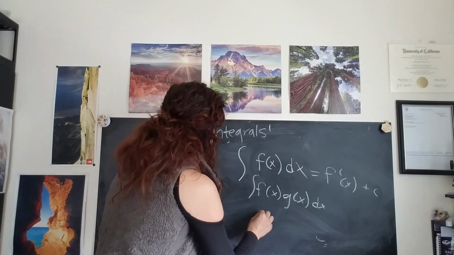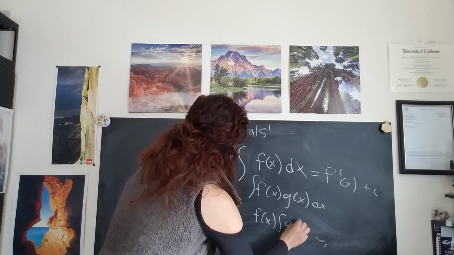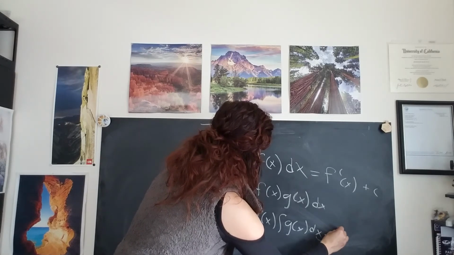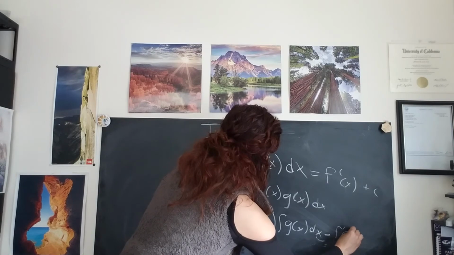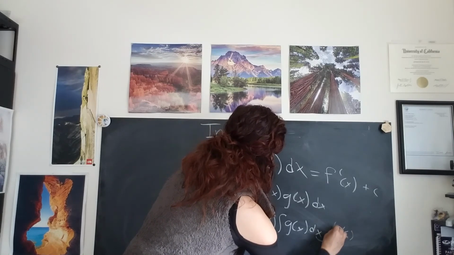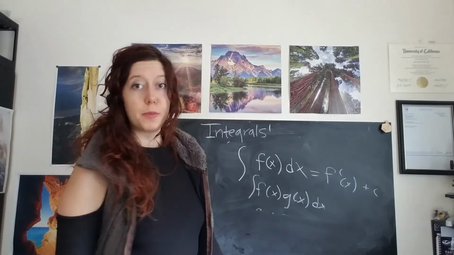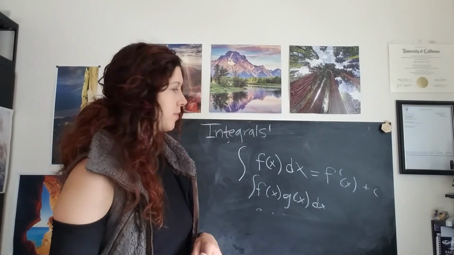I think it's f of x times the integral of g of x dx minus, oh my gosh, f prime of x. Okay, yeah, I don't remember, so don't quote me on that one. I would be curious though, someone should look it up and leave it in the comments, or I'll probably put it in the comments or something.